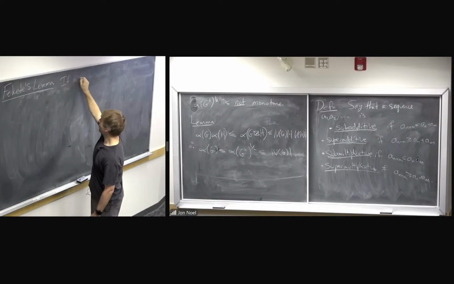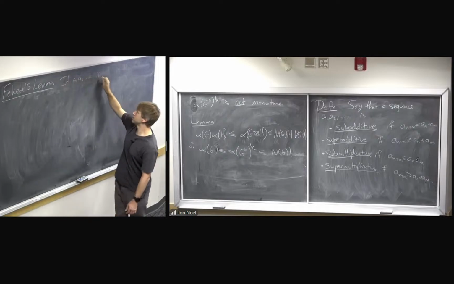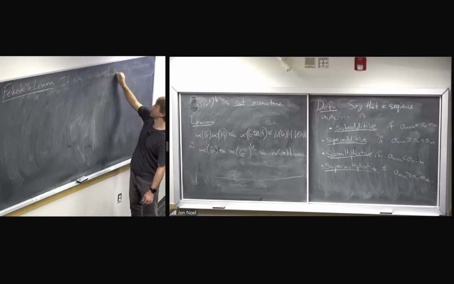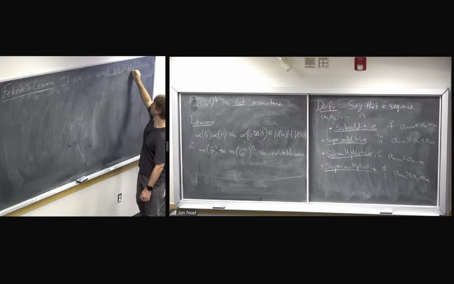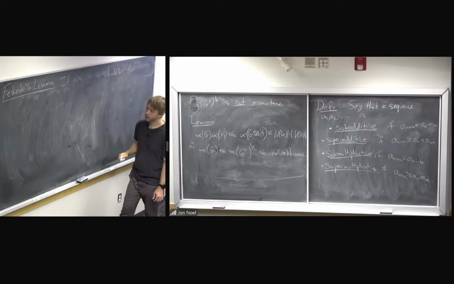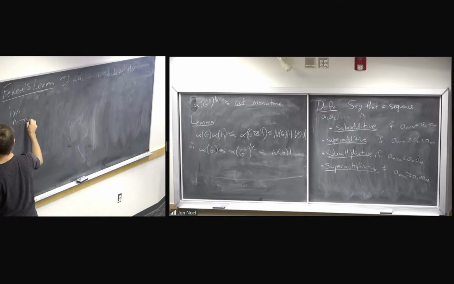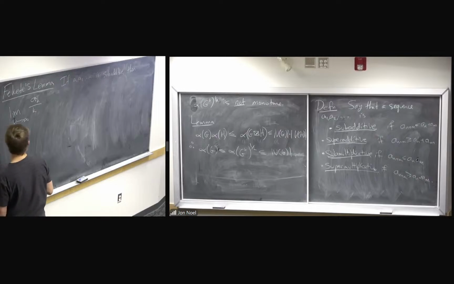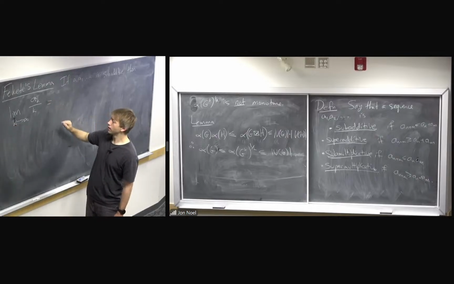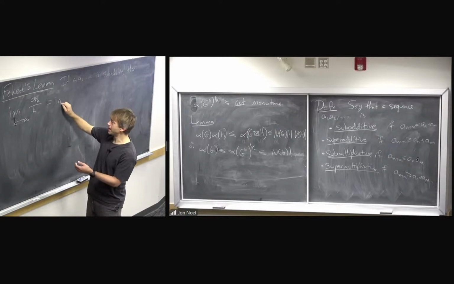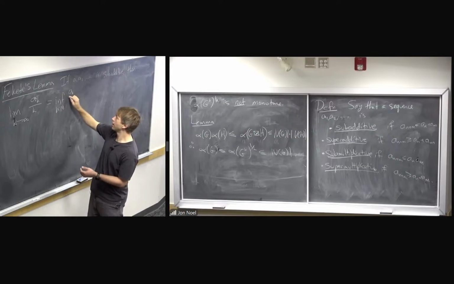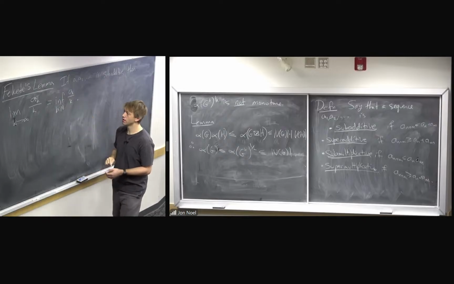So if A1, A2, dot dot dot is subadditive, then if I take the limit as k goes to infinity of a_k divided by k, this is equal to the infimum over all k of a_k over k.